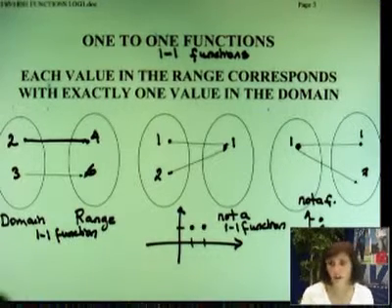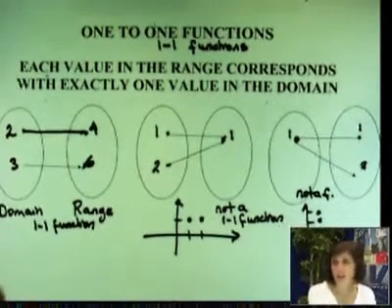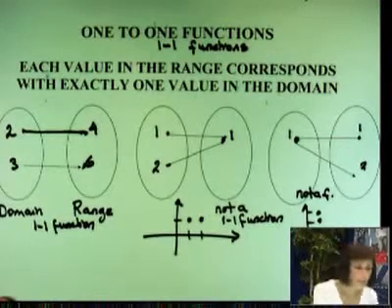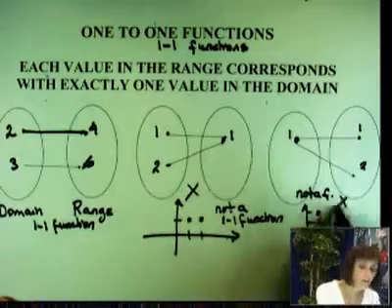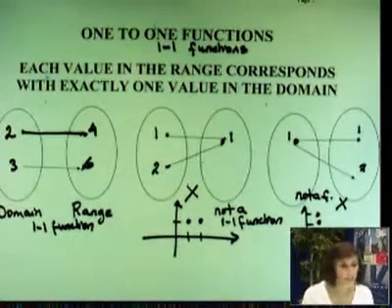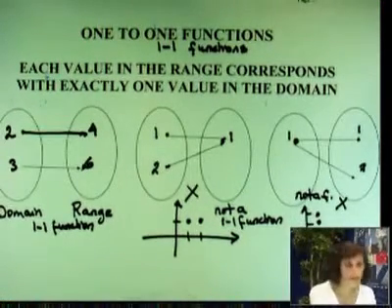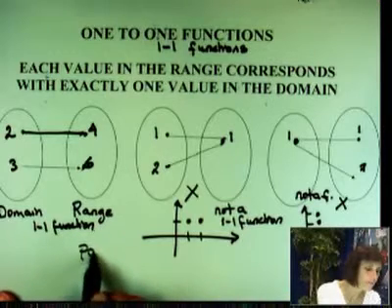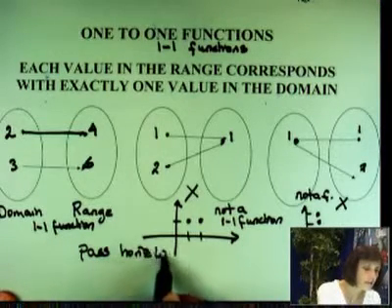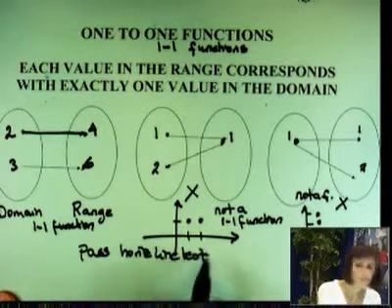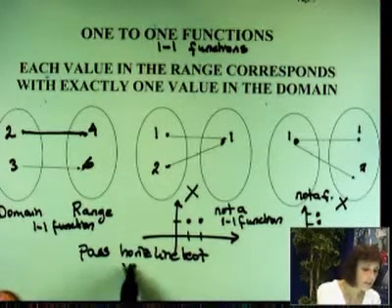Okay, so what did we learn? This one is not a one-to-one function, and this one is not even a function. So for it to be a one-to-one function, it needs to pass the horizontal line test, and it also needs to pass the vertical line test.